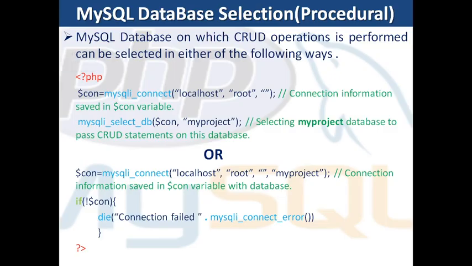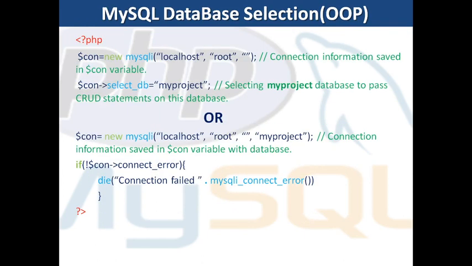Current slide, and then MySQL database selection in the object-oriented programming approach. Here, in the same way, either we can pass database information while creating an instance of the MySQLi class, or we can add the database after creating the instance.